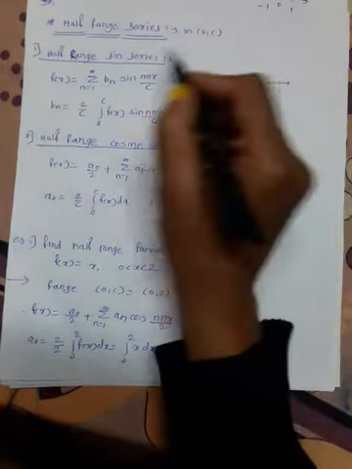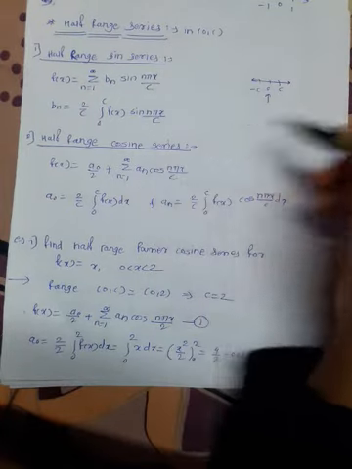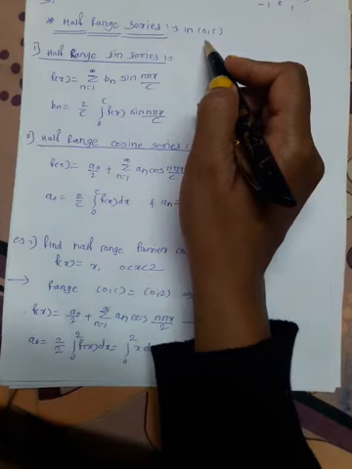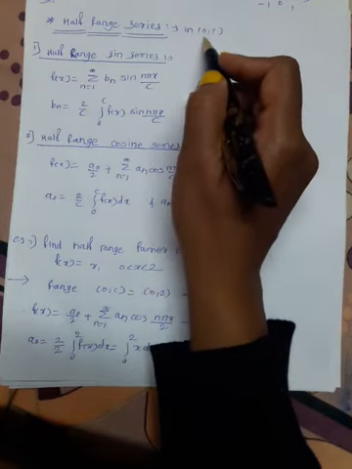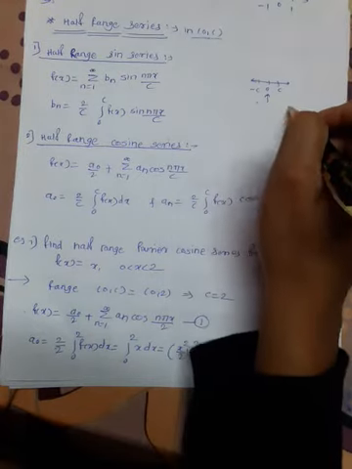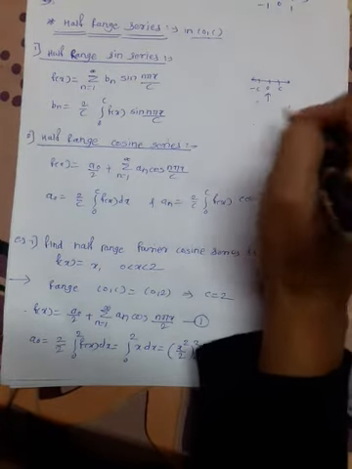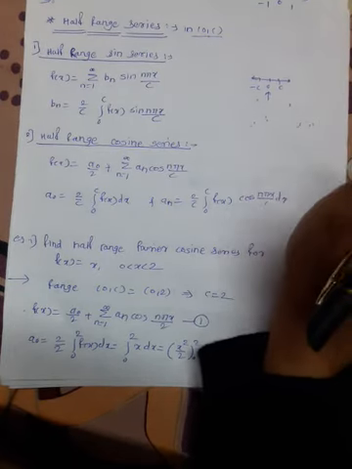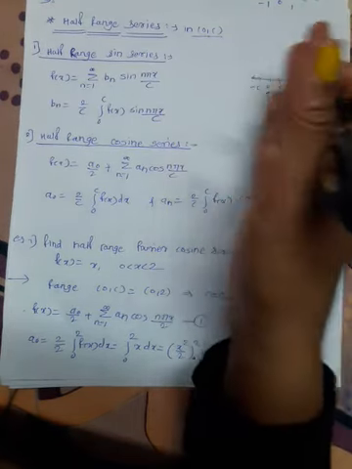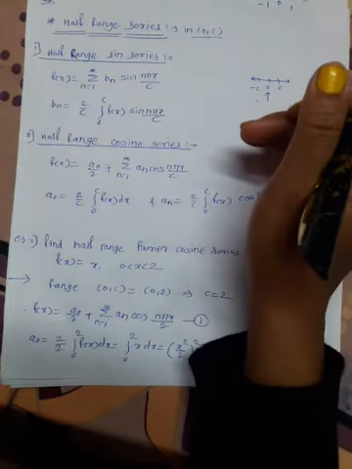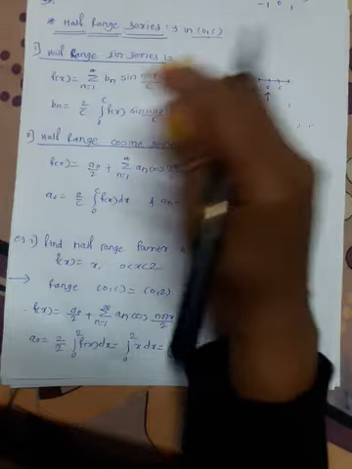That's why it is called half range series, because in every example after this, the interval will start like this only, 0 to c, like 0 to 1, 0 to 2, 0 to 3, 0 to 4, 0 to pi. That means only half the interval we consider.